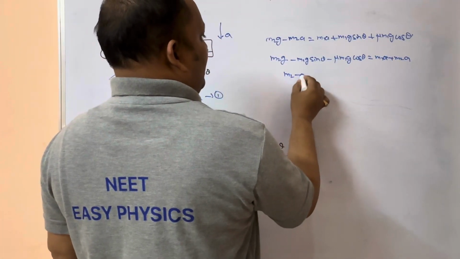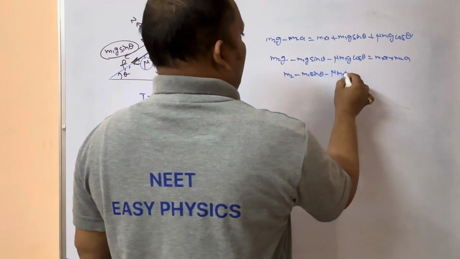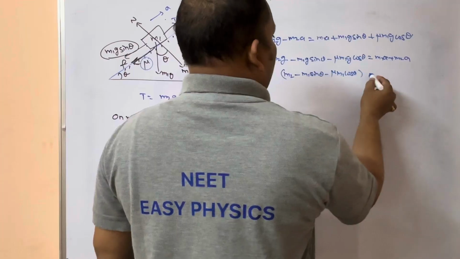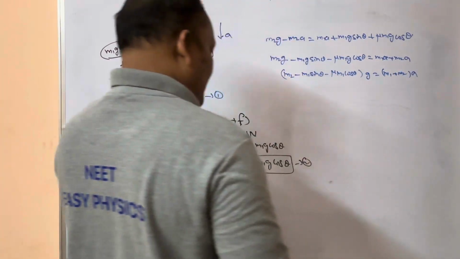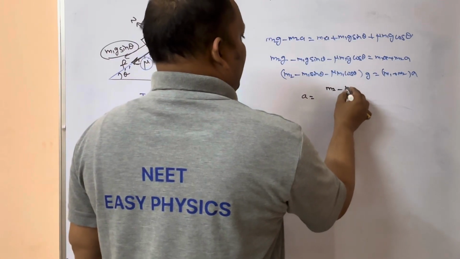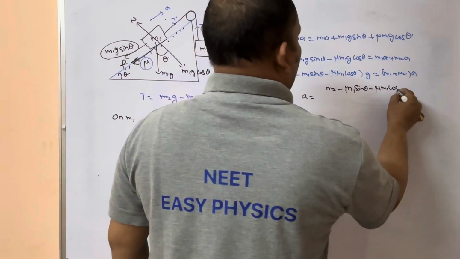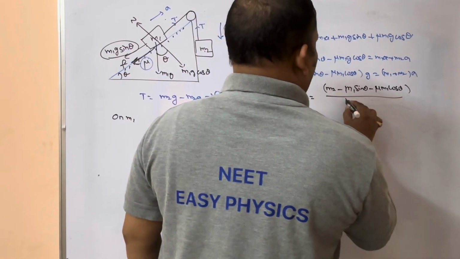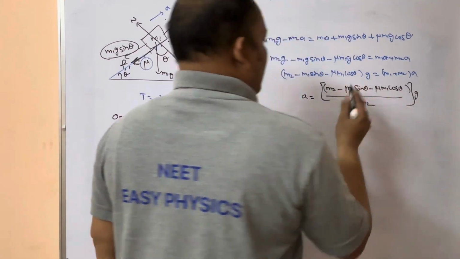You can take common (M2 minus M1 sin theta minus mu M1 cos theta) into g equals (M1 plus M2) a. Therefore, acceleration is equal to (M2 minus M1 sin theta minus mu M1 cos theta) divided by (M1 plus M2), into g.